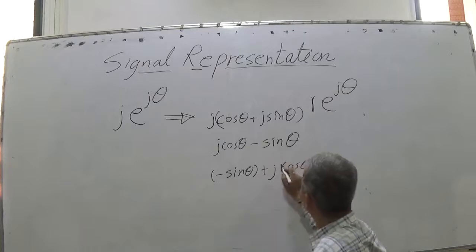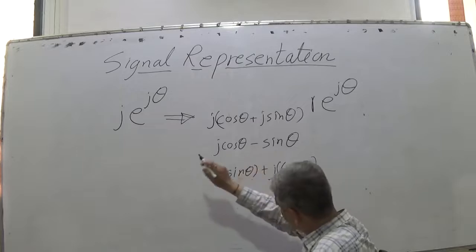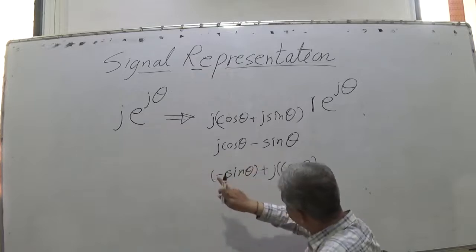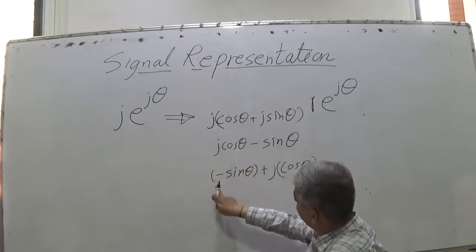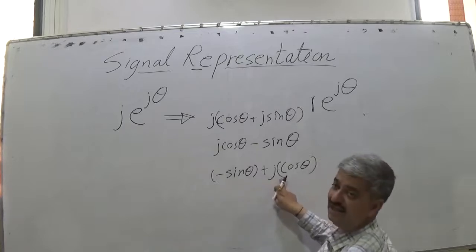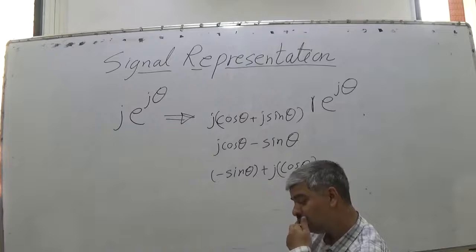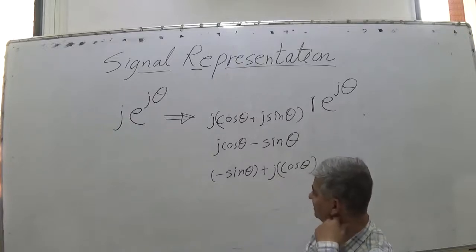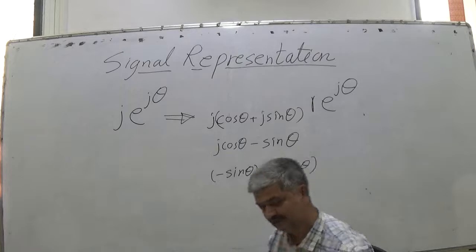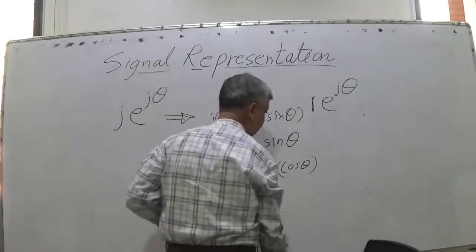So j e raised to j theta will become minus sin theta plus j cos theta. So what is that? Minus sin theta plus j cos theta. So where would that be located?